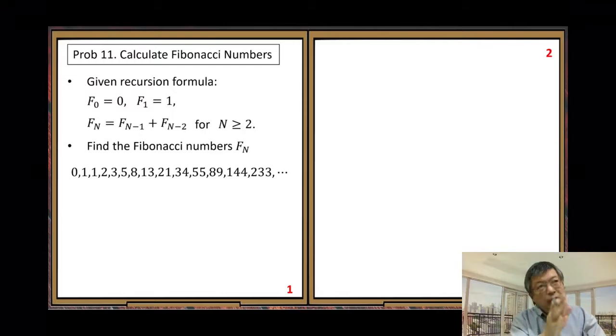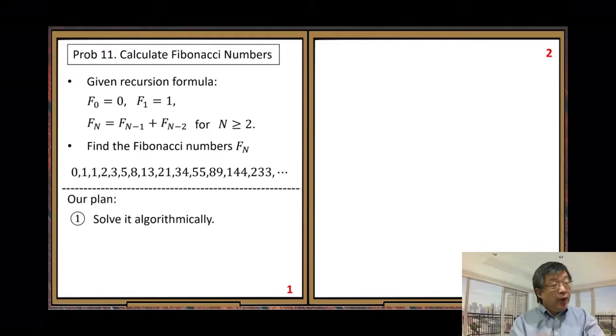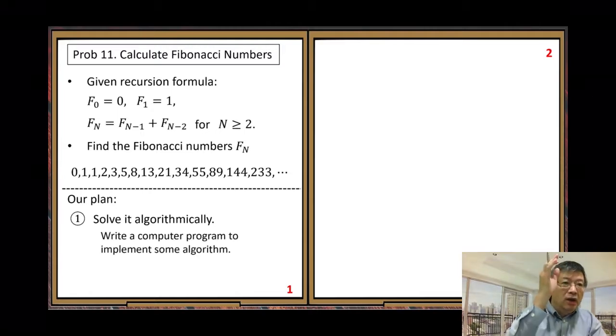Let us look at how we plan to solve this problem. We have two plans. Our first plan, we solve it algorithmically, using our computer algorithms. The first way. And we need to write a program to implement our algorithm, although we may have several ways to do it.